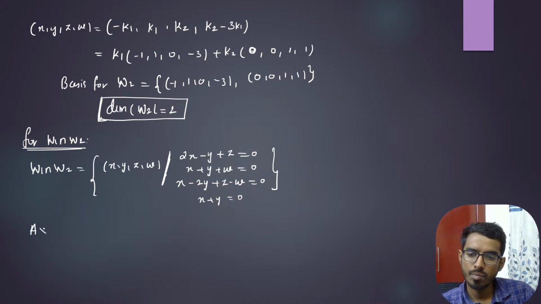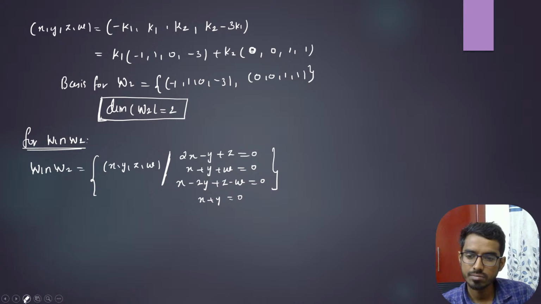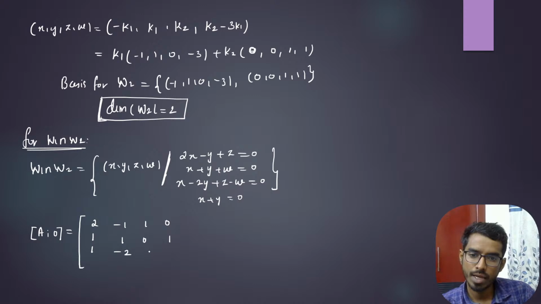So again we will form AX. We will form an augmented matrix A comma O, with columns x, y, z, w. We will reduce this to row echelon form.